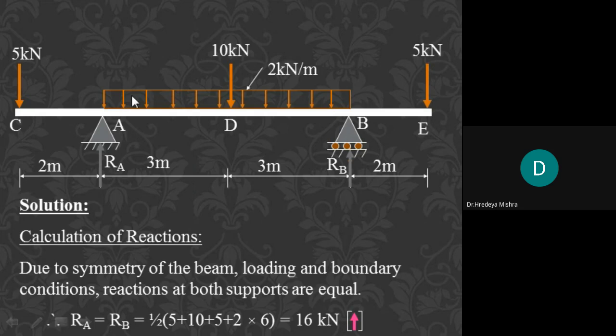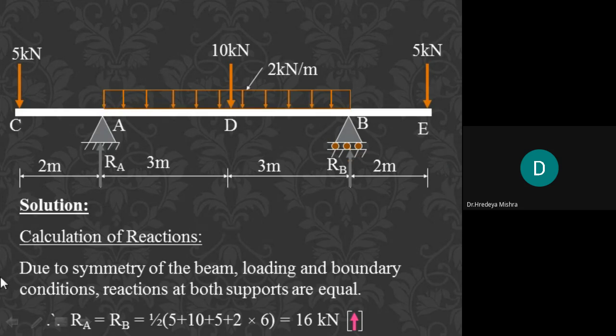Here, first of all, we have to find the reactions. Where is the reaction generated? Where the support is. So at point A a support is there and at point B a support is there. So RA and RB are the reactions.